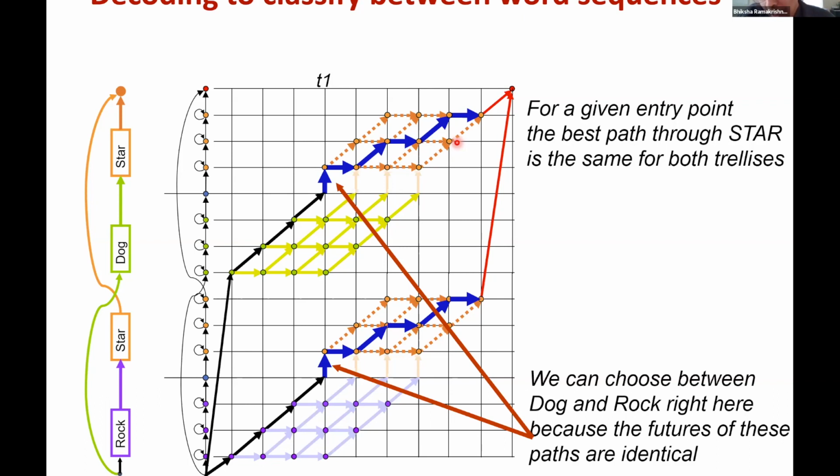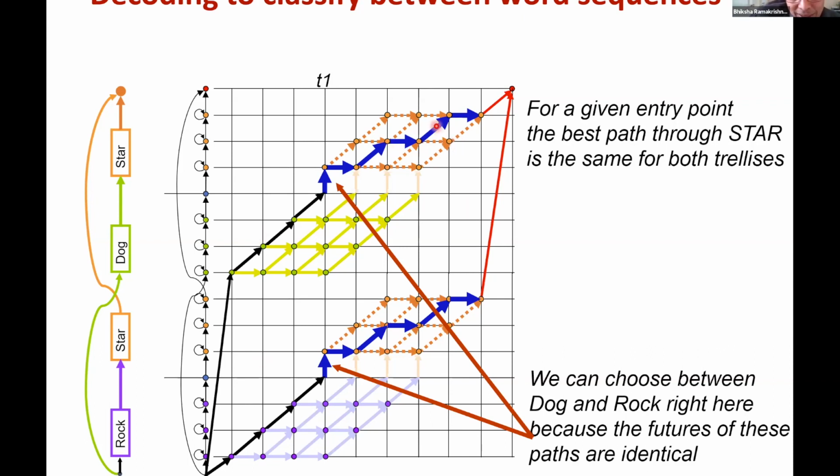If I tell you that vectors 4 onwards belong to the word star, then after vector 3, I can already decide if it was rock or dog, because the next 4 belong to star, which means that you look at this trellis. Now look at this very carefully.